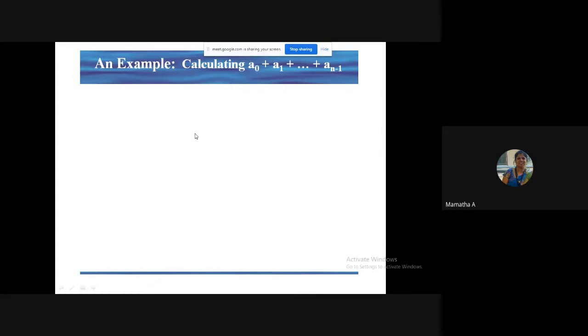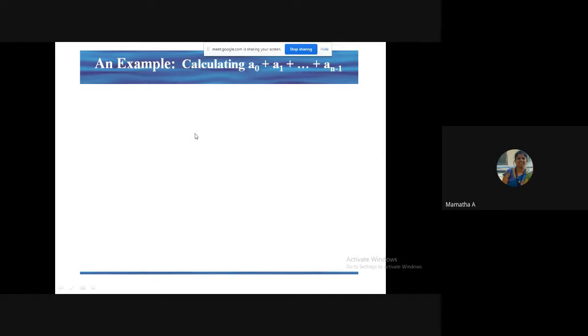How many additions should I perform for finding the sum of n numbers? N additions, as simple as it is. You need n additions. That means your complexity is linear order of growth. My intention is to find that, but using divide and conquer.